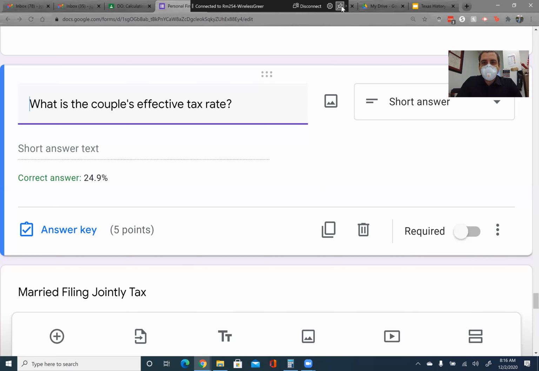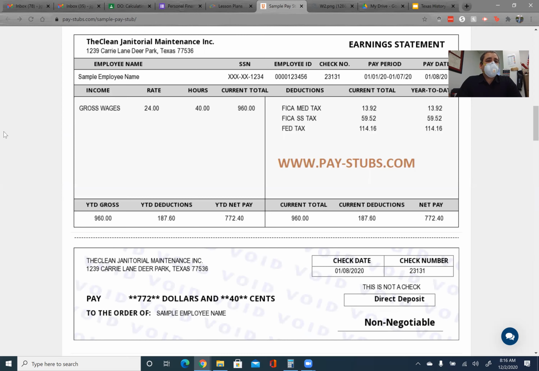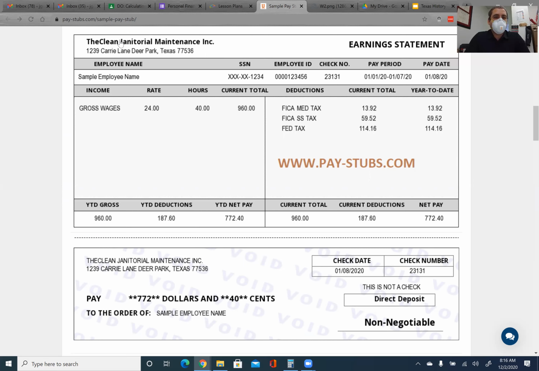Well, what we're doing today is taking a look at our pay stubs and W-2s. Okay, so when you start working, you will start getting something like this, a pay stub. In fact, I don't get this in paper anymore.